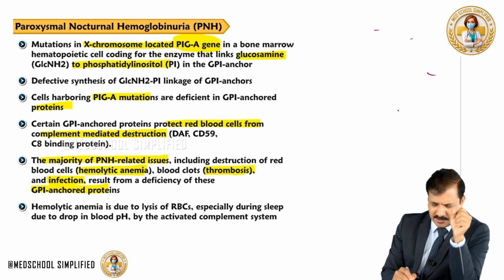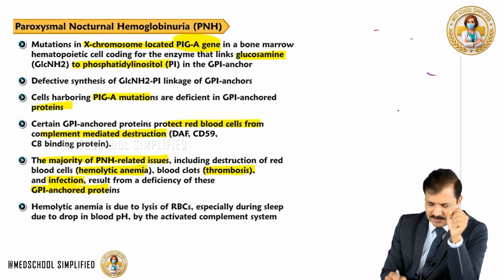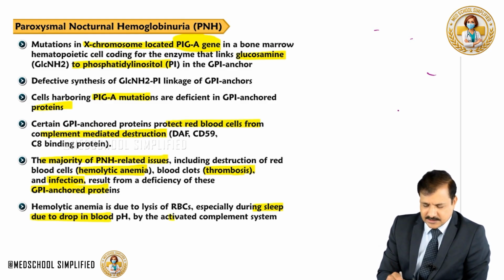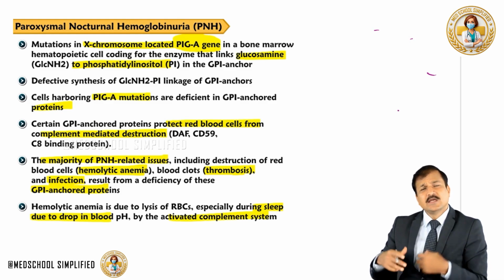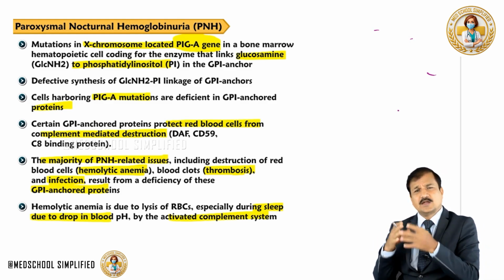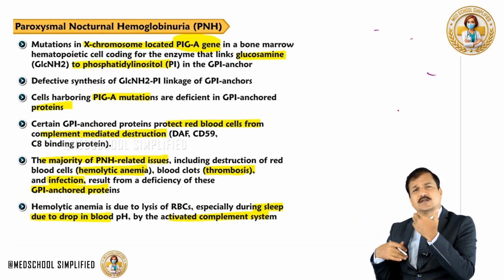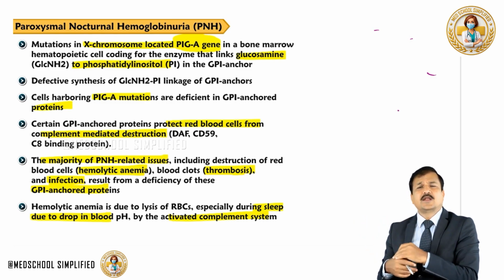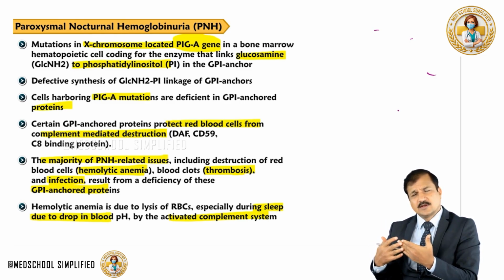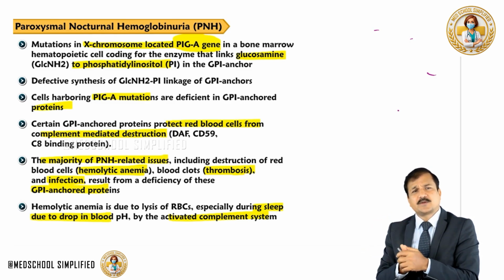So hemolytic anemia is due to lysis of RBC, especially during sleep because of a drop in the blood pH, which will activate the complement system. That's why RBC lysis is more significant during sleep, and hemoglobin can come out and appear in the urine, leading to hemoglobinuria. So the morning sample of urine in a patient who is suffering from paroxysmal nocturnal hemoglobinuria may have more hemoglobin.